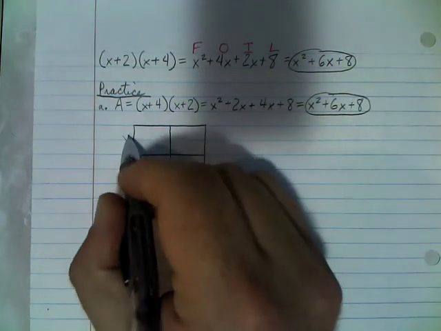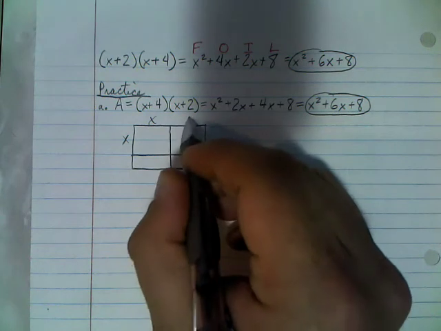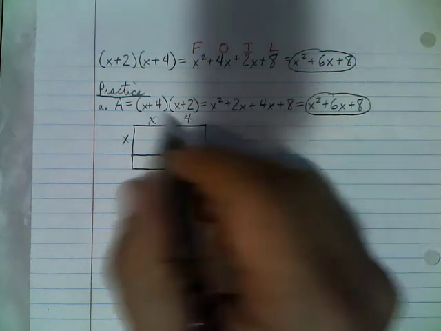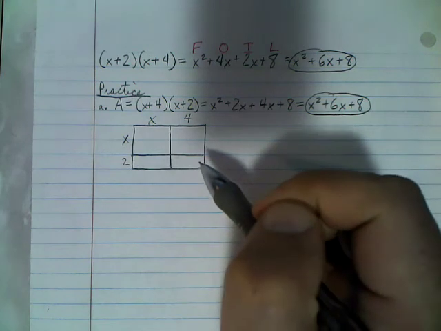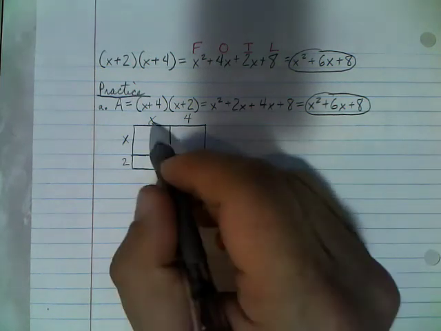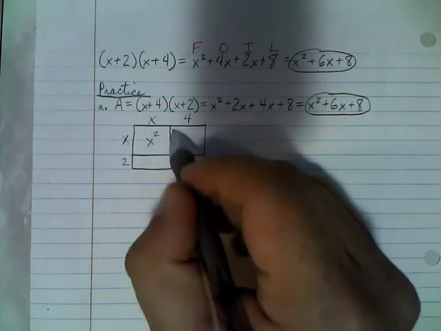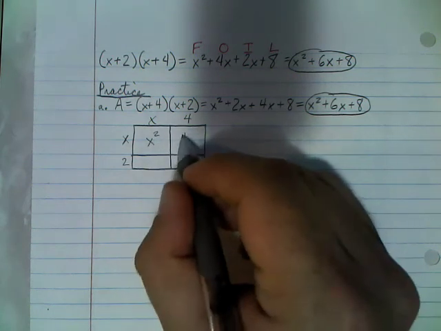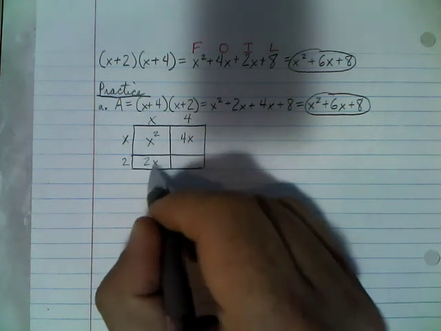And so I have x, and I have x, so x plus, well, I'm going to put x plus 4 up here. So x plus 4 and x plus 2 down there. So if we find our areas, I've got x times x, which would be x squared. I've got x times 4, which would be 4x. I have x times 2, which will be 2x.